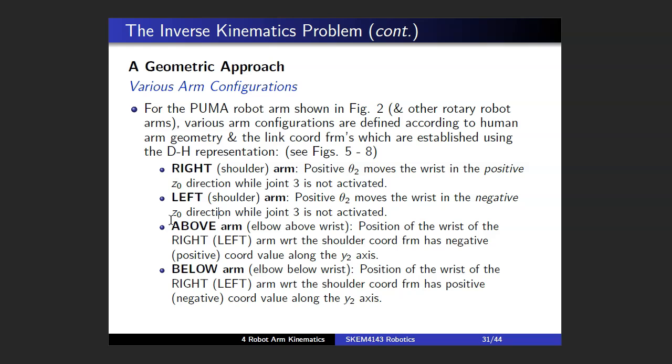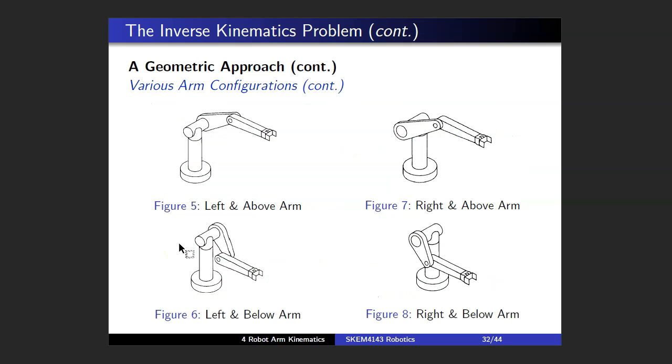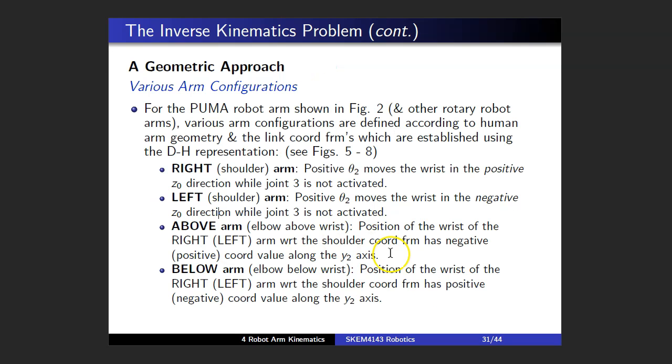Next configuration, we have the above and below arm. If you look at these figures, this is left and above, and this is left and below. It's pretty obvious what is above arm and below arm, but I want you to still pay attention to the definition.